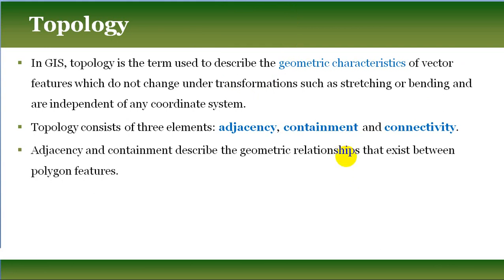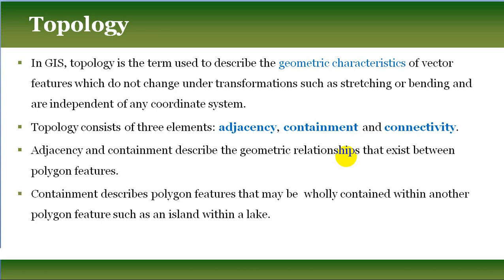Adjacency and containment describe the geometrical relationship that exists between polygon features. So adjacency and containment, these spatial relationships or topological characteristics, are only applicable for polygon vector data. Containment describes polygon features that may be wholly contained within another polygon feature.